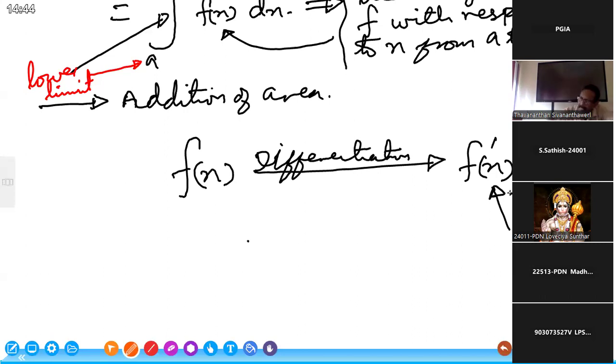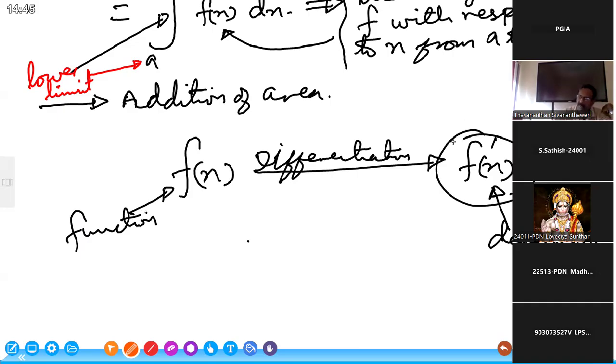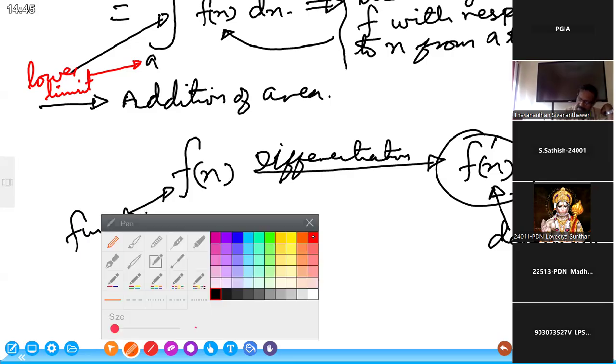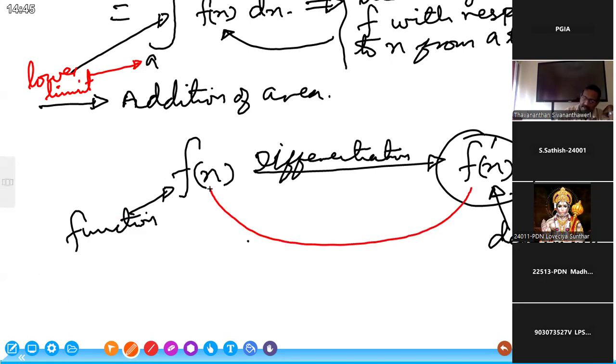If you do a differentiation of a function, the product that you get is the derivative. Now, suppose I have a derivative, and I reverse this process, this is called anti-derivative.